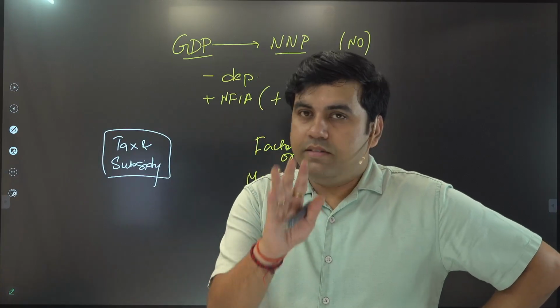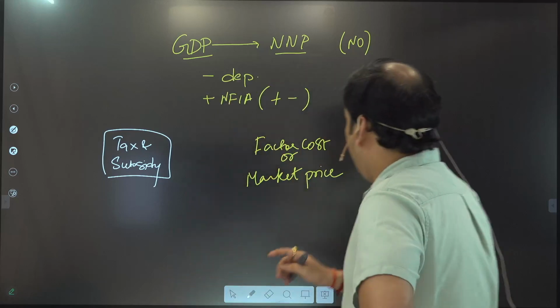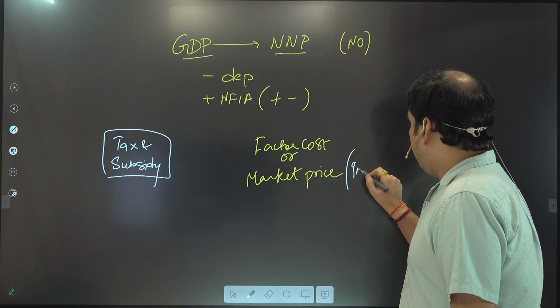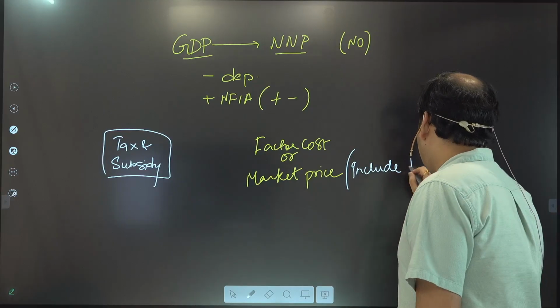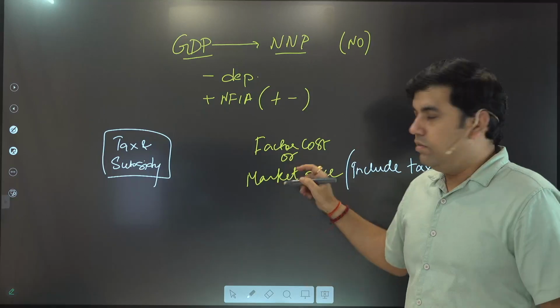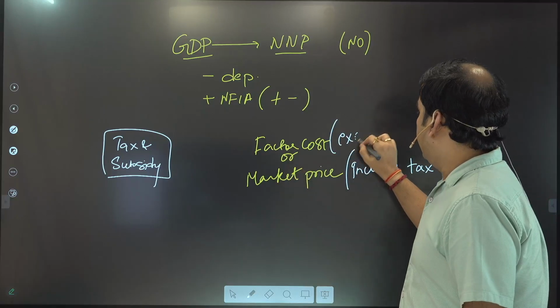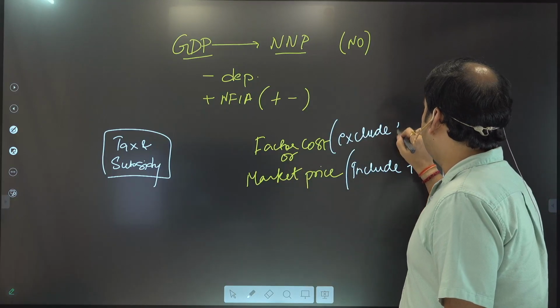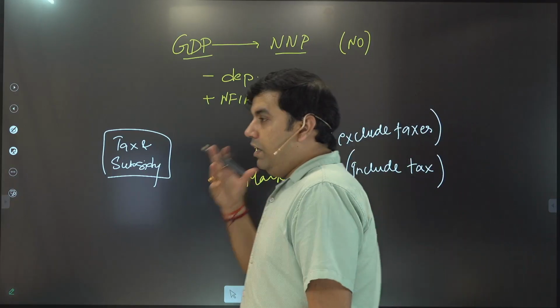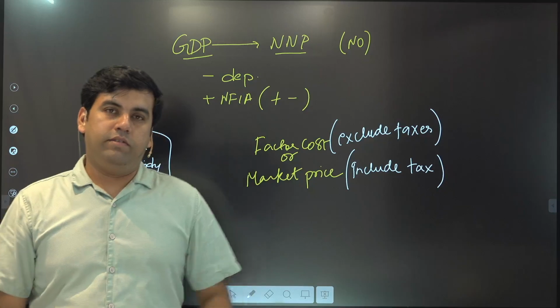In market price taxes are added. So market price includes taxes, and obviously factor cost excludes taxes. The first one includes taxes, the second one excludes taxes.